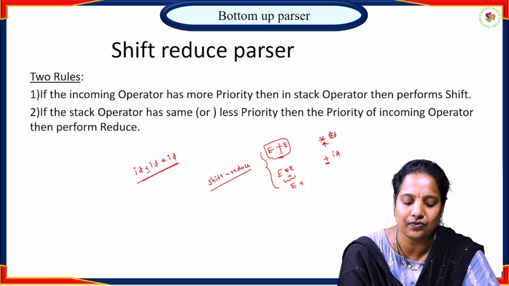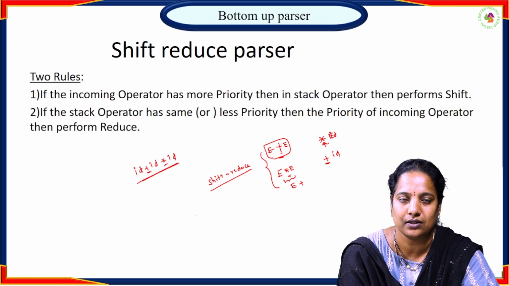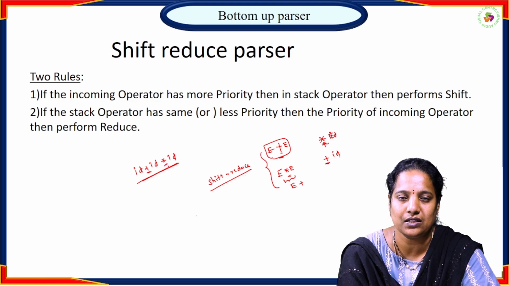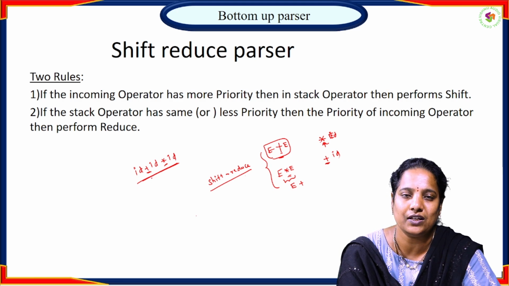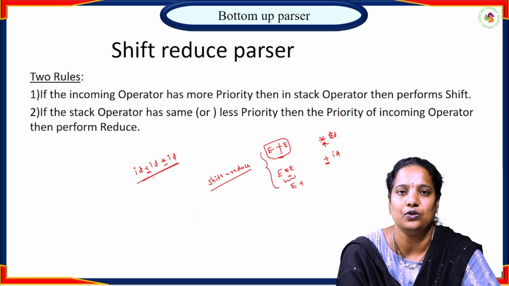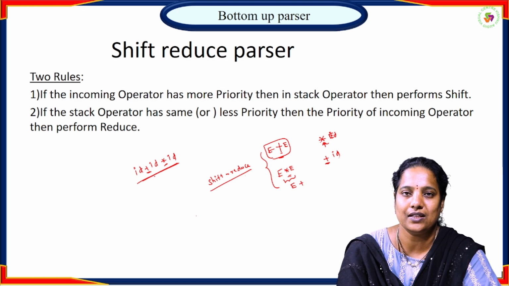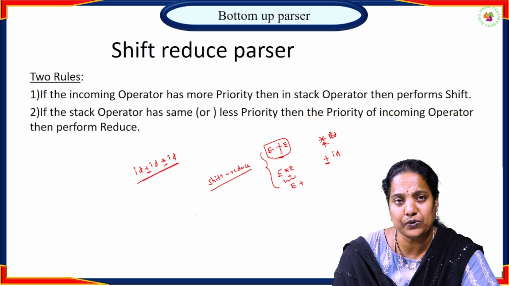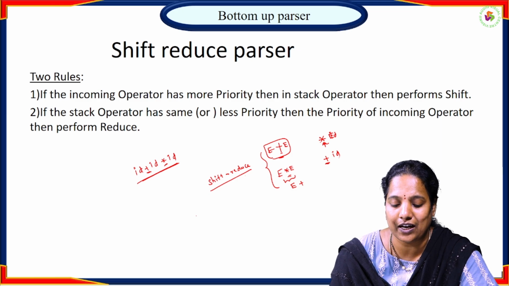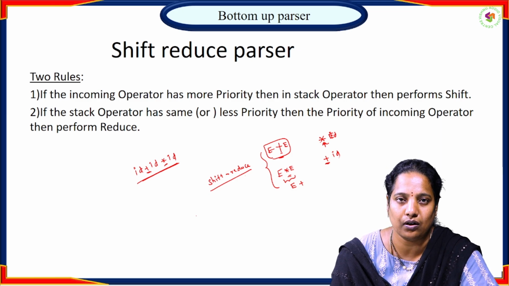Since we have operator symbols, we verify the precedence of operators, then decide which operator to shift and which to reduce. By using these two cases, we can avoid shift reduce conflict.